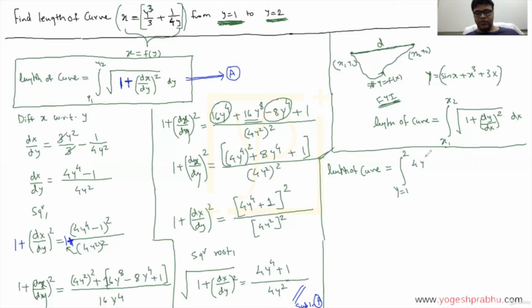This is 4y raised to 4 plus 1 divided by 4y square dy. Okay, so you'll get y going from 1 to 2, and then this is y square plus 1 by 4y square dy. Okay, so that is the answer. Not really, that's the integral.